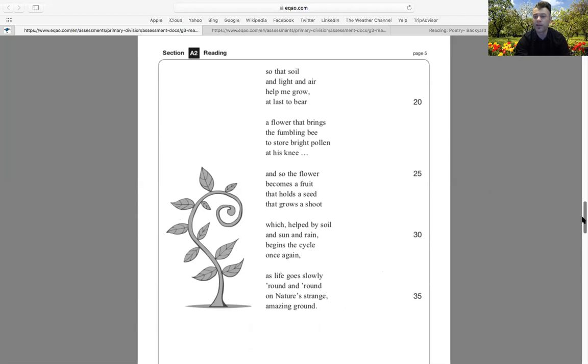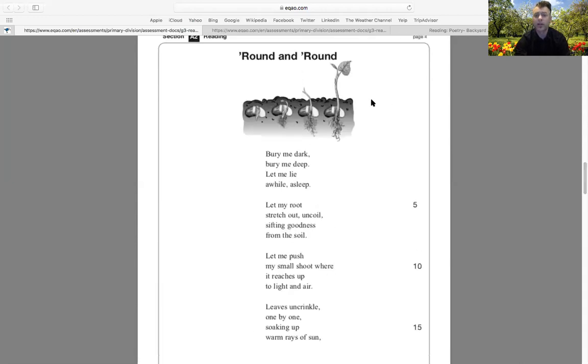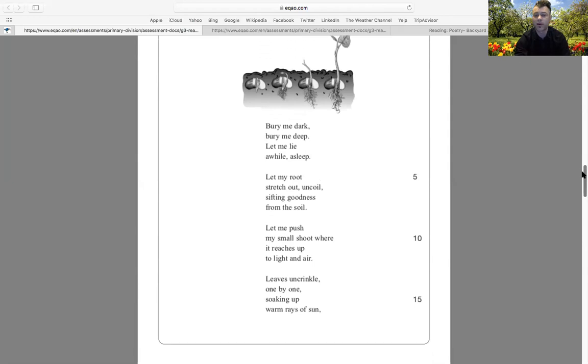So we know that the setting is the ground, with the earth and the soil, and we know the main character in this poem is this plant, the development of a plant from seed to shoot, sprout, and then all the way up to a big plant with a flower.